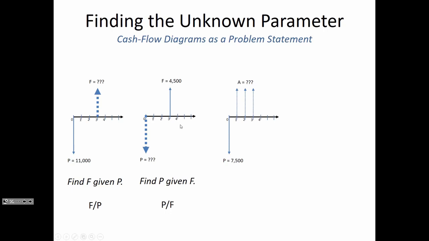All right. So we can do the same thing with annual series. Now just to refresh your memory, anytime the arrows appear to be about the same height and you've got the A above it, that means that they are going to be the same amounts every year. So what we're looking at here, this picture is telling the story of deposit $7,500 now, and what is the amount that you can withdraw for the next 3 years.